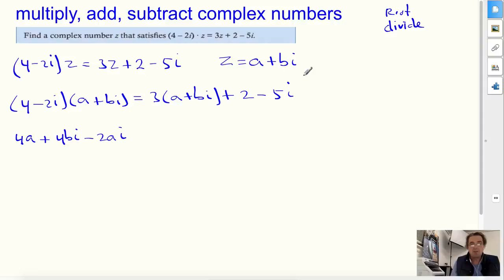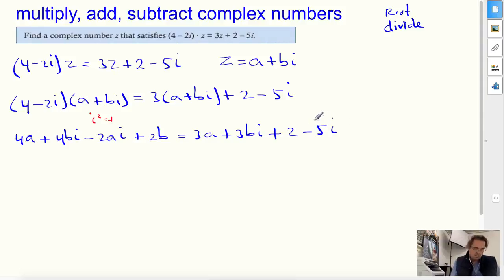But remember that i squared is negative 1, of course. So negative 2i times bi makes a positive 2b. Right? The other hand side is 3a plus 3bi, add 2 take 5i.